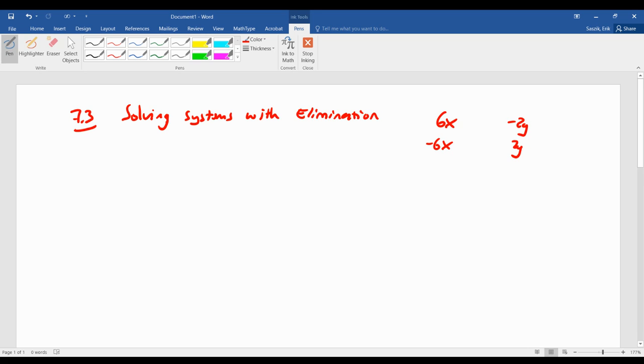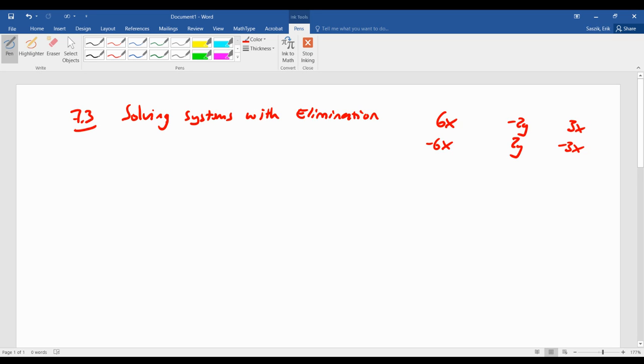An opposite pair of variables could be x or y. If I had 3x, the opposite would be negative 3x. When I say opposite, it means when you add them together, they cancel out completely. You'll get 0x, which is just 0. These are all opposite pairs.